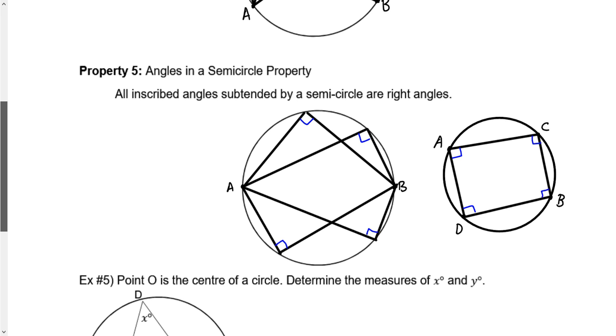Sorry, just one more special thing. We'll talk about the semicircle. So we just said that all inscribed angles are going to be a 90-degree angle from a semicircle.